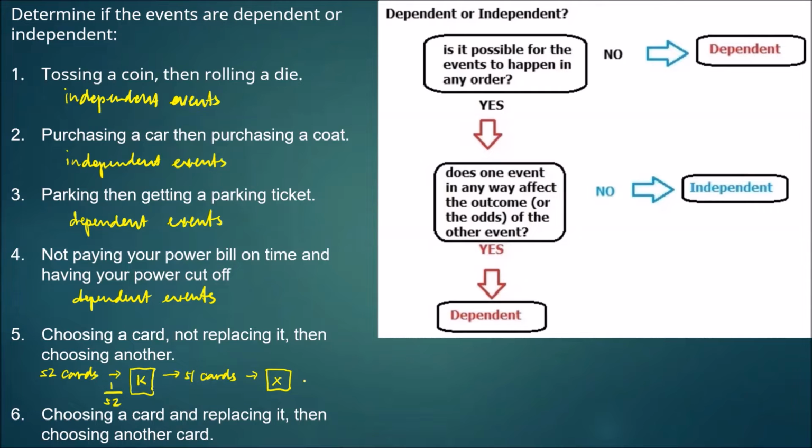Now, when we choose another card, the fact that we only have 51 cards left means the probability is now 1 over 51. So therefore, choosing the first card will have an effect on the outcome of choosing the next card. So therefore, they are dependent events.